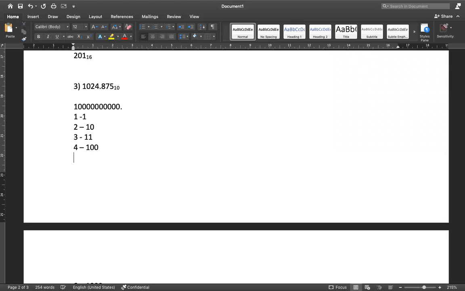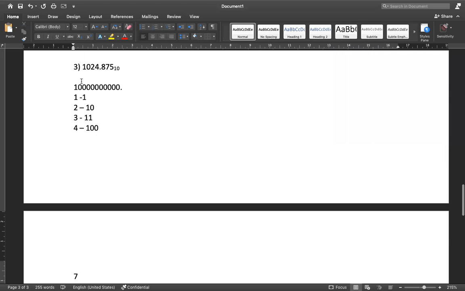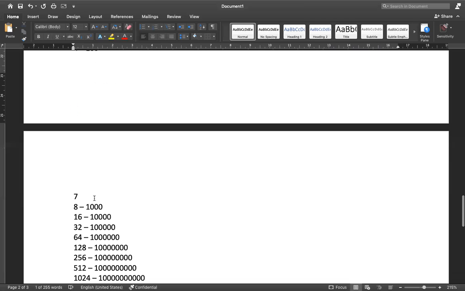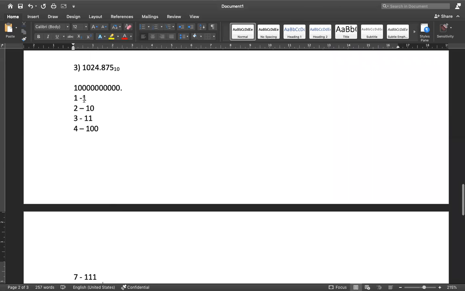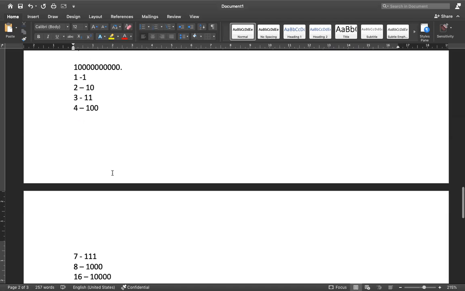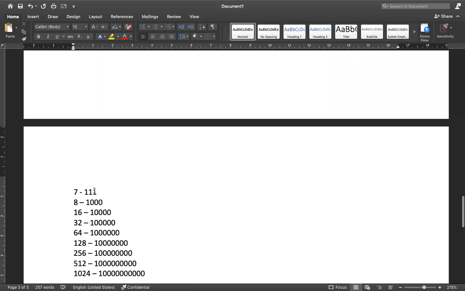Then what about 7? 7 is 1 less than 8. So identify the pattern. 3 is 1 less than 4, and it's 1 1. 7 is 1 less than 8, it is 1 1 1.